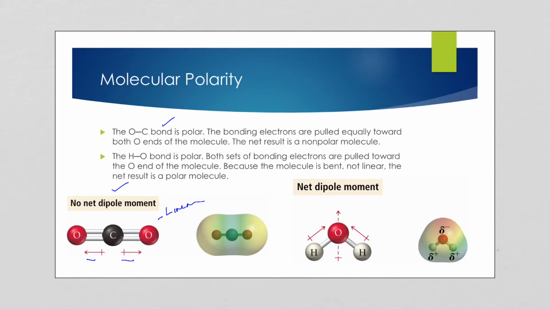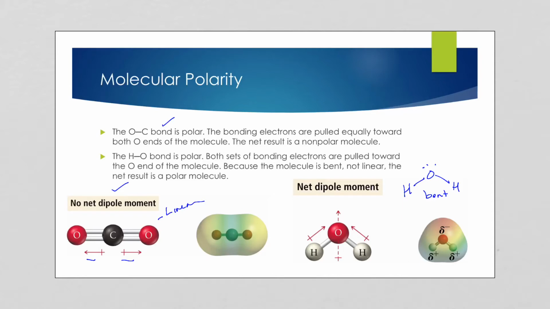Now, what if we look at something like water? Also has 3 atoms, but if we go back and look at the geometry of water, remember, water looks like this, has the 2 lone pairs, so it's a bent geometry. So if I draw this out and I draw the dipoles, notice they're pointing toward the oxygen, and of course they're equal.